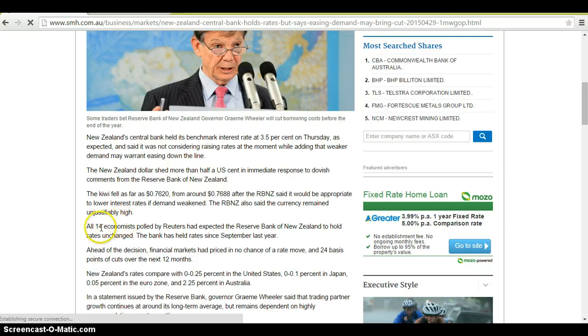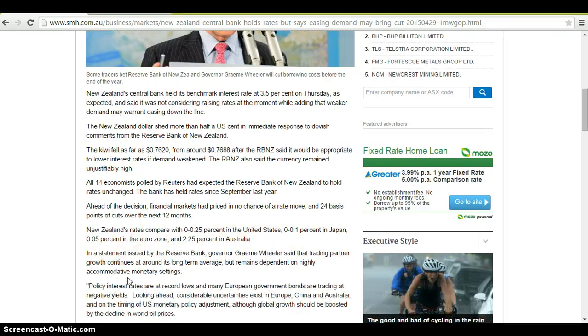So 14 economists, this is something I'm looking at. So 14 economists polled by Reuters expected rates to be held unchanged. So that was for the one that was just held. Ahead of the decision, financial markets had priced in no chance of a rate move. Oh, okay, so that's not that important, but New Zealand's rate is still higher than countries obviously like America and Australia.